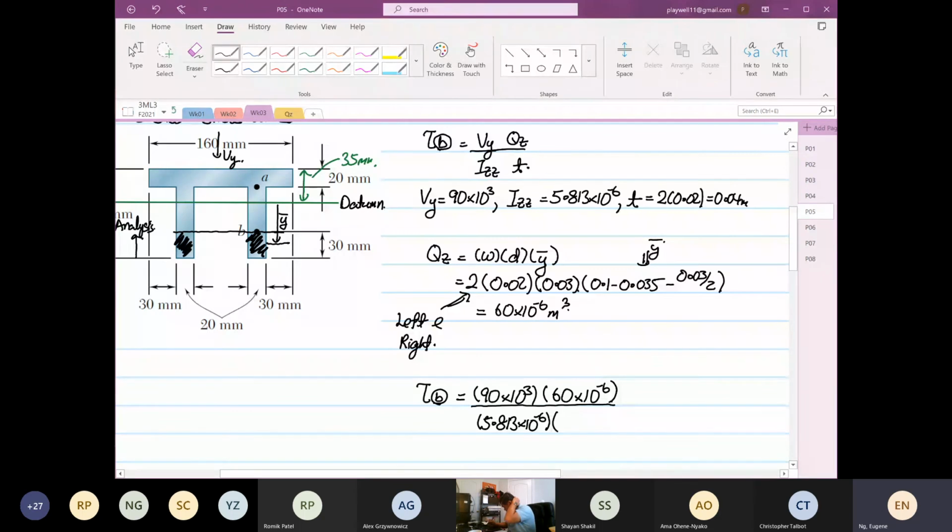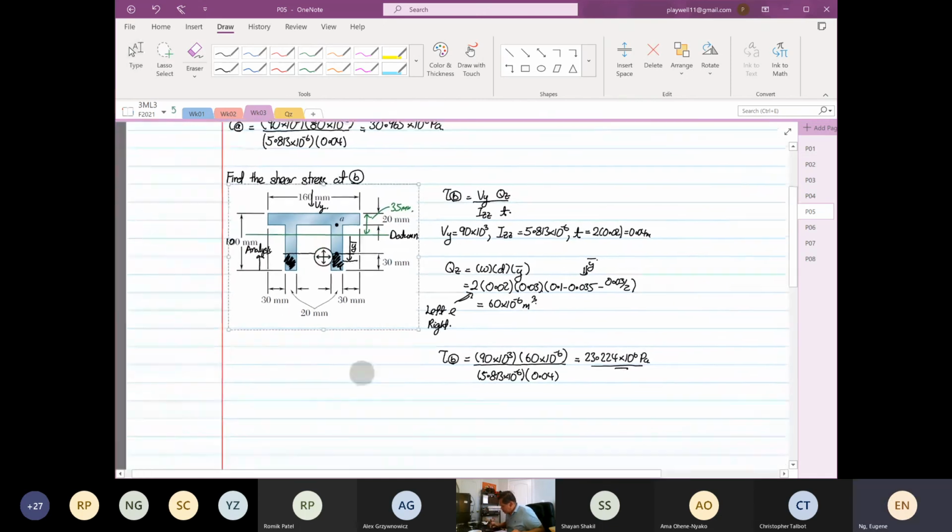And then the thickness is equal to 0.04. So this is equal to 90 times 10^3 times 60 times 10^-6 divided by 5.813 times 10^-6, divided by 0.04. It's equal to 23.224 times 10 to the power 6 Pascal.